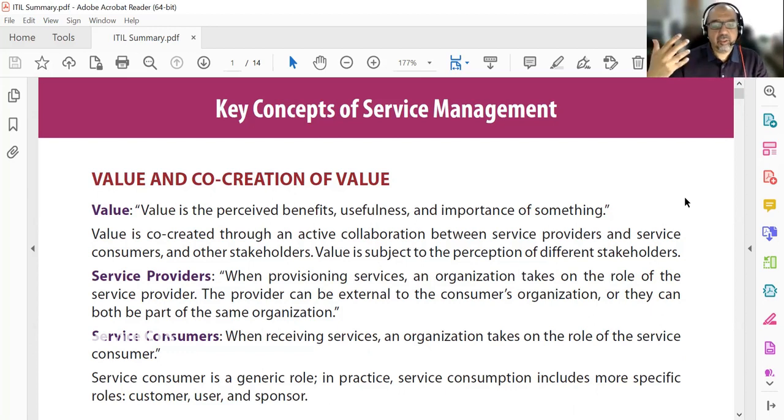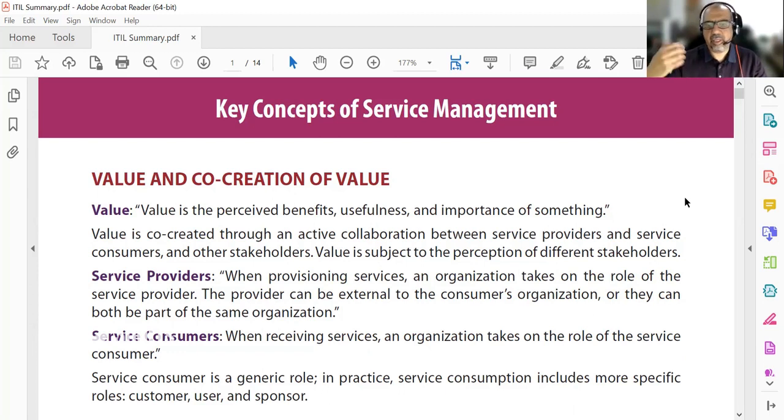So we work in IT, we deliver different services. From these services, stakeholders, the people affected by this service, they are getting some benefits, some perceived benefits, usefulness, and the importance of something. And this is the definition of the value they are getting from these services.